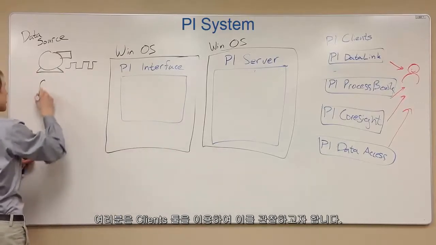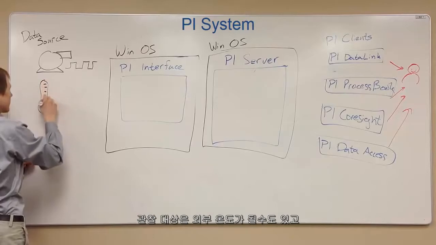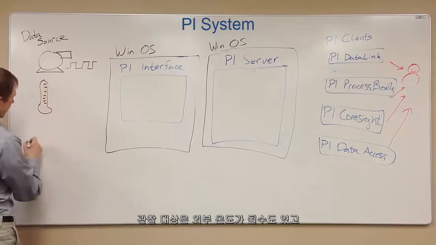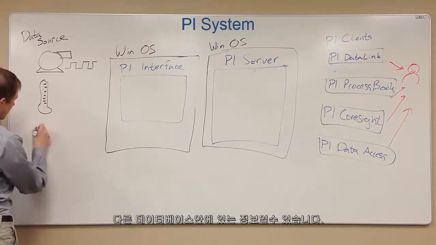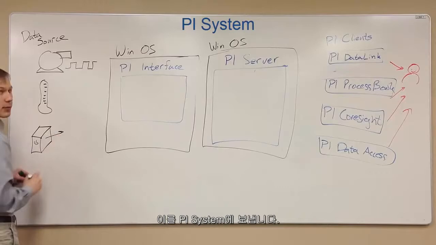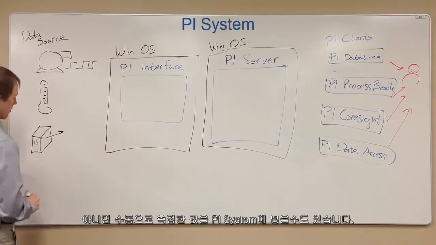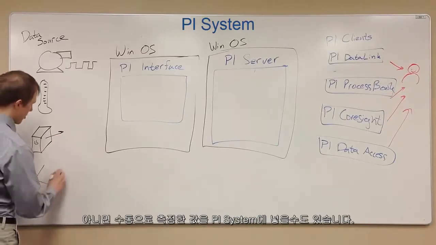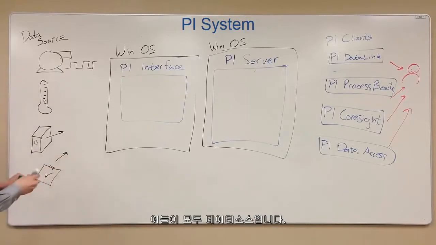Or perhaps it's the temperature outside. Or maybe there's information in another database that you want in the Pi system. Or maybe there's just manual measurements out there that you need to put in to the Pi system. These are all data sources.